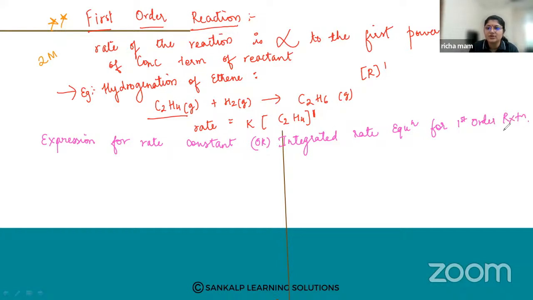I'm writing shortcuts, but please don't write shortcuts. Write the equation and the reaction completely. Don't use shortcuts in your paper. The question can be: derive the rate constant equation for first order reaction, or give an expression for rate constant. Like this, the question is asked.